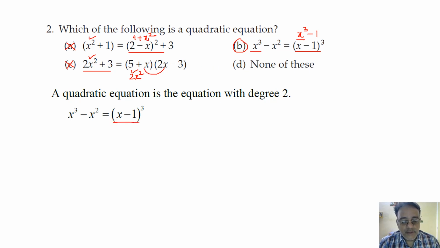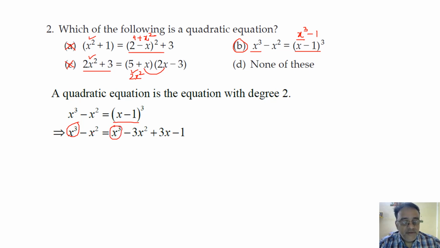x minus 1 whole cube will become x cube minus 1 minus 3x square plus 3x, or we can write x cube minus 3x square plus 3x minus 1, right? Now this x cube will be eliminated from both sides.